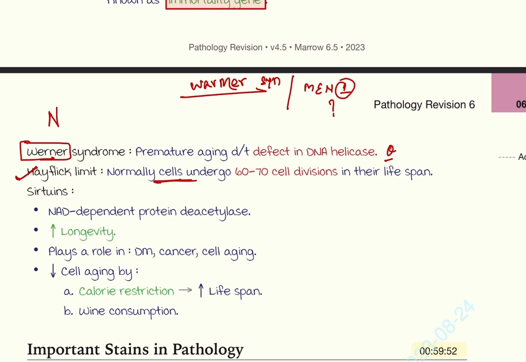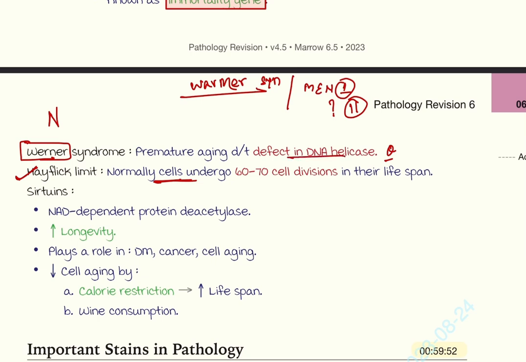Which chromosome is the main one gene present in? Main 1 is present in 11, Main 2 is 10, Main 4 is 12. So this is Werner syndrome because of defect in the DNA helicase.